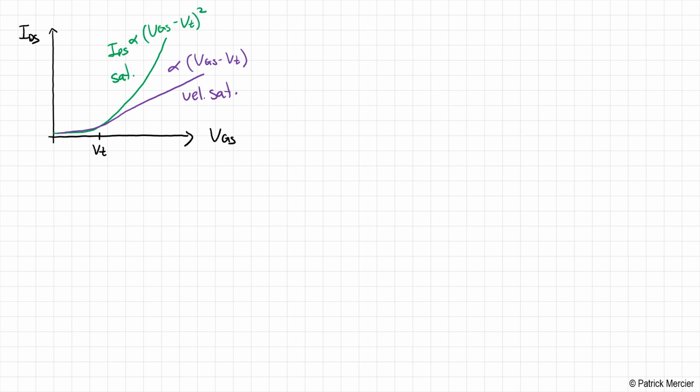So what I'd like to do is do that same plot, but in this case I'm going to plot it on a log scale. Okay, so I'm going to plot the log of IDS. Now we know that the subthreshold expression is an exponential expression. We didn't really hit on that, but that just means this is a very steep curve.